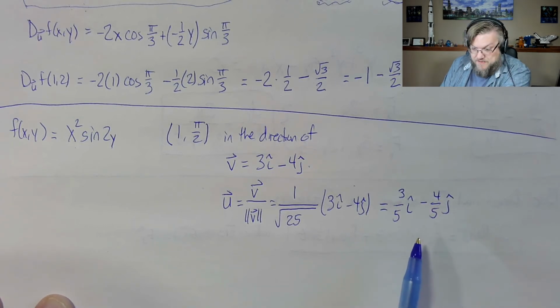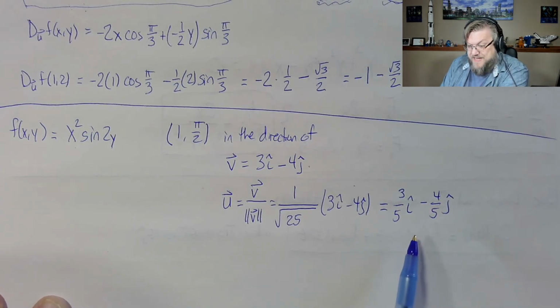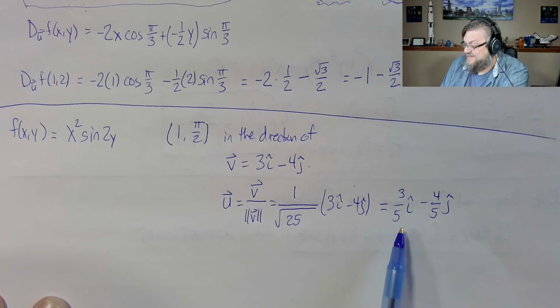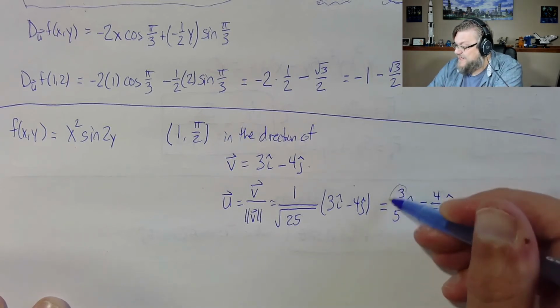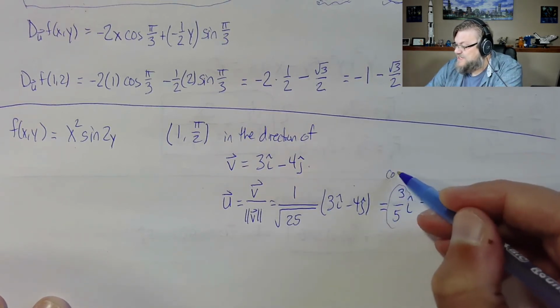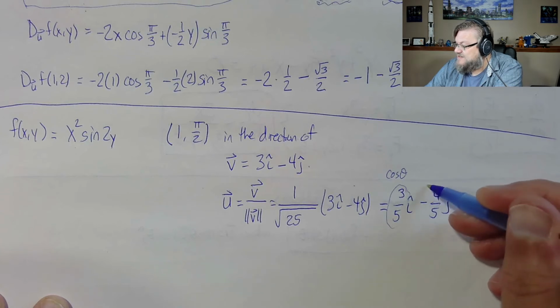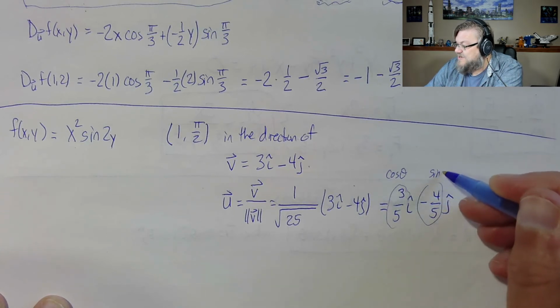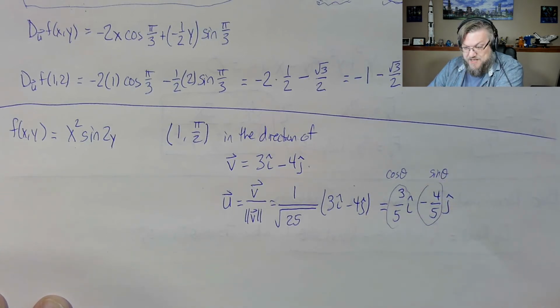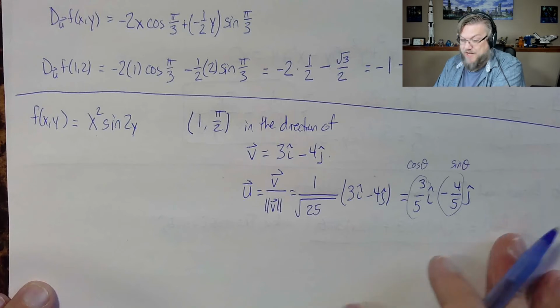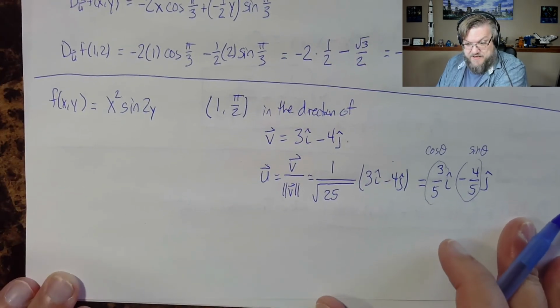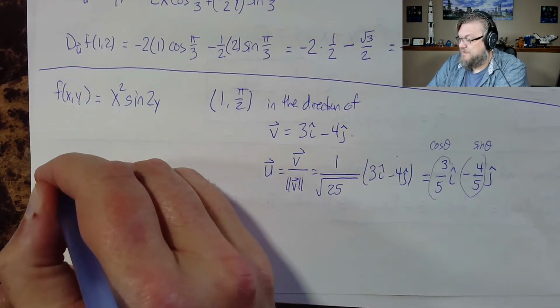That is the unit vector that I care about. Now, do you see that I don't need to actually know what theta is here? Whatever sits here is already cosine theta, and whatever sits here is sine theta already. And so without knowing what theta is, I can still figure out what cosine of theta and sine of theta are.